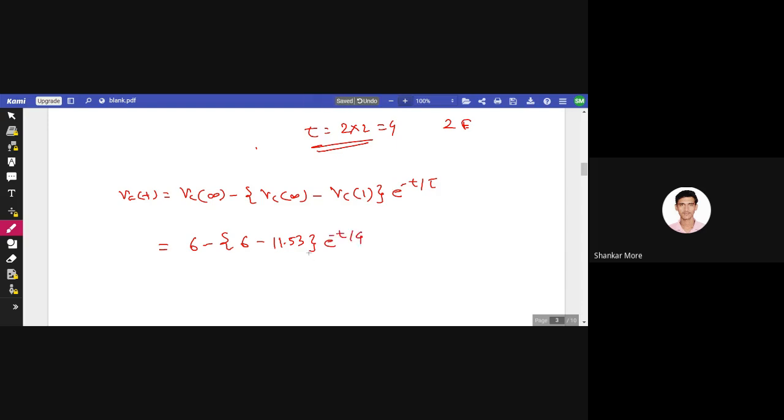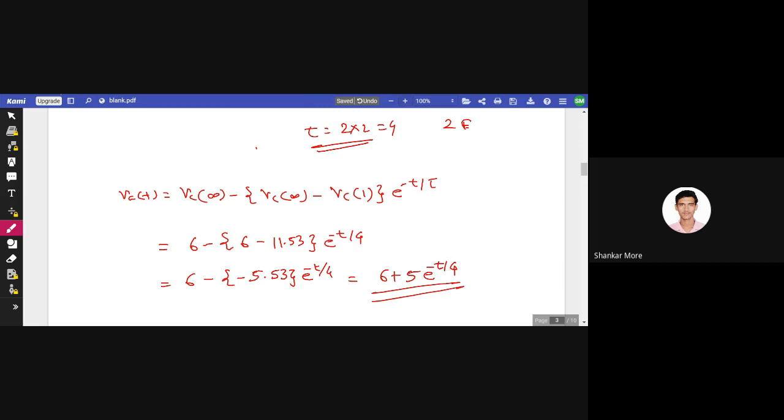After that, 6 minus 11.53, so it should be 6 minus of minus 5.53, and e raised to minus t by 4, right? So minus of minus 5 is plus. So 6 plus 5 into e raised to minus t by 4. So this is the formula.